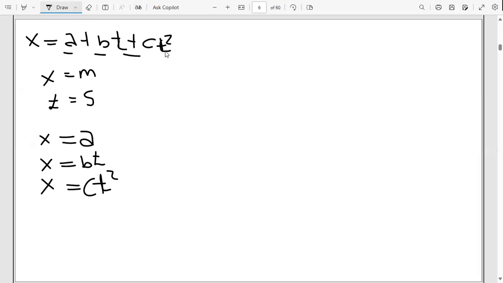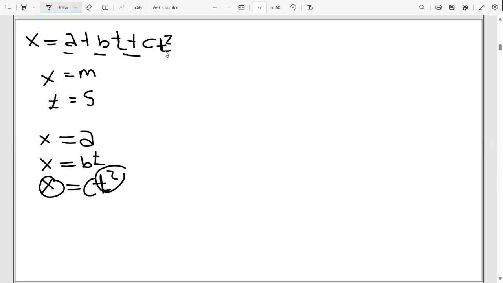And they've told us that t is in seconds whilst x is in meters. So what are we supposed to do here? We're only going to replace the units that we already know into this equation for c. Since we want to find the units for c, let's just concentrate on c here.